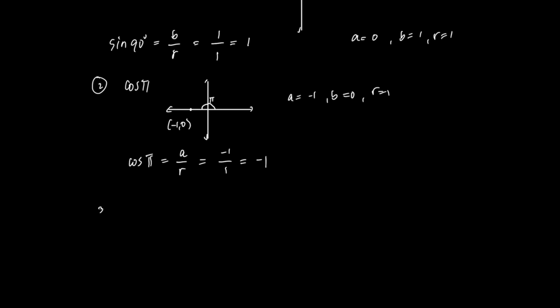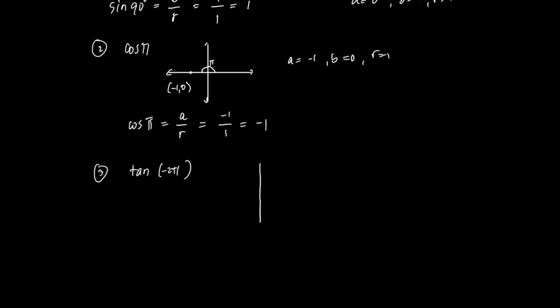Next, for the tangent of negative 2 pi. Okay, so negative 2 pi, that's negative 360 degrees. So the angle is this one. Okay, the direction is clockwise, so that angle there is negative 2 pi.